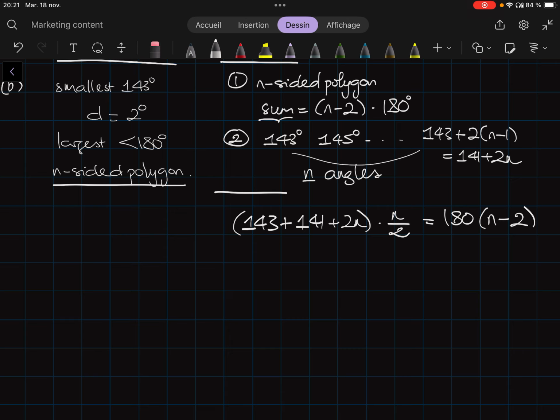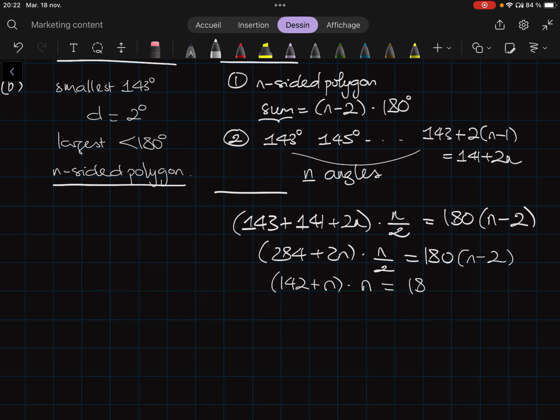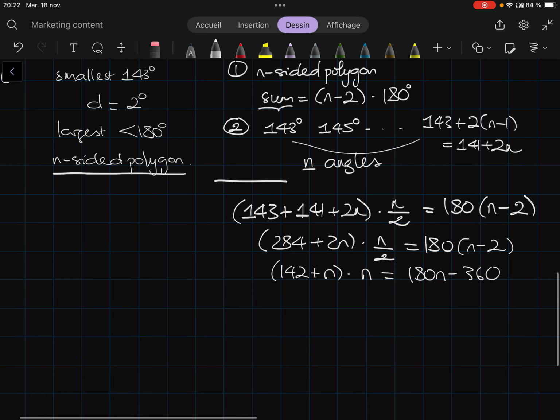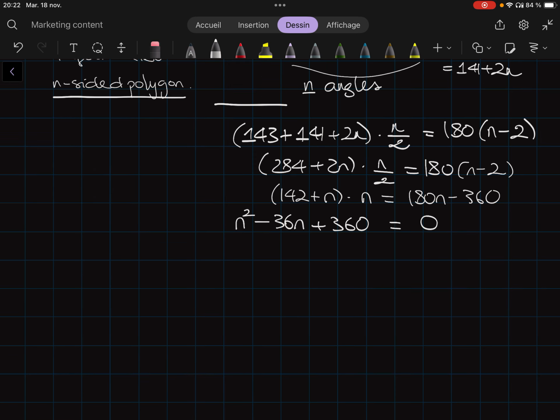So I'm just going to quickly simplify this. We can then factorize this equation. The algebra from here should be straightforward.